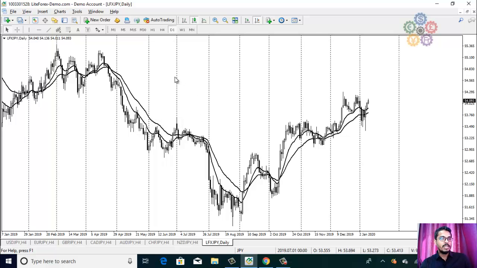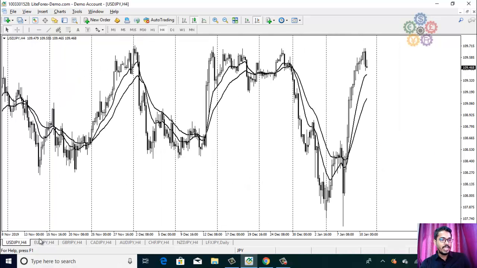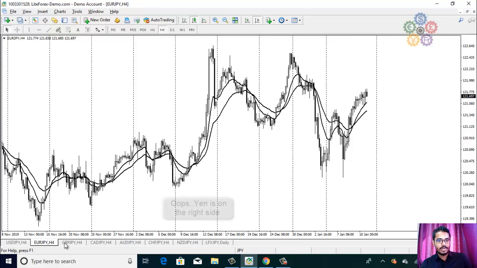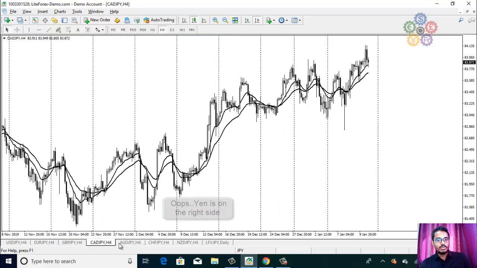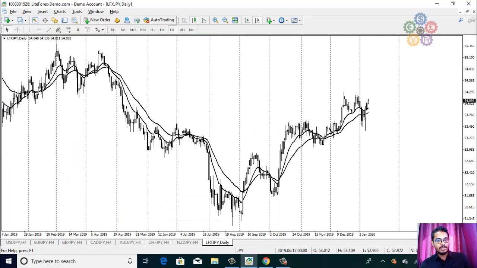So if you look at the 8 major currency indexes, and if you look at the yen pairs, which I have here right now, yen is always on the left hand side, right, which is the counter currency. So that is the reason why they have the yen index chart as LFX JPY.